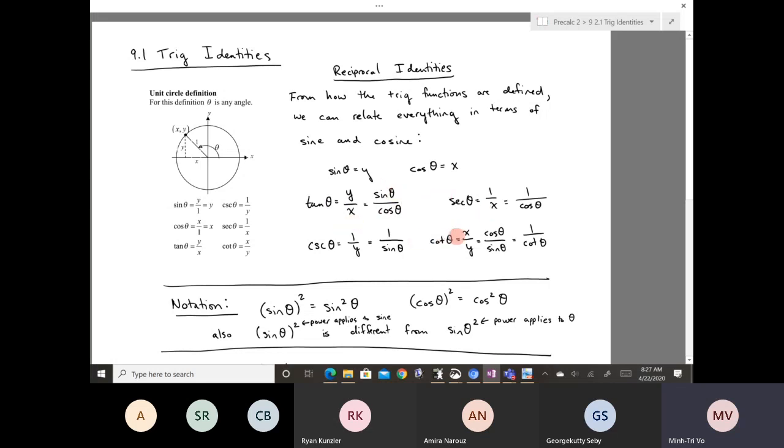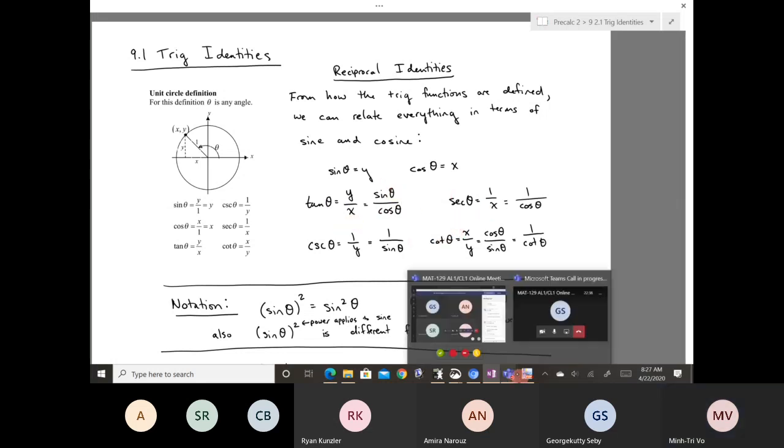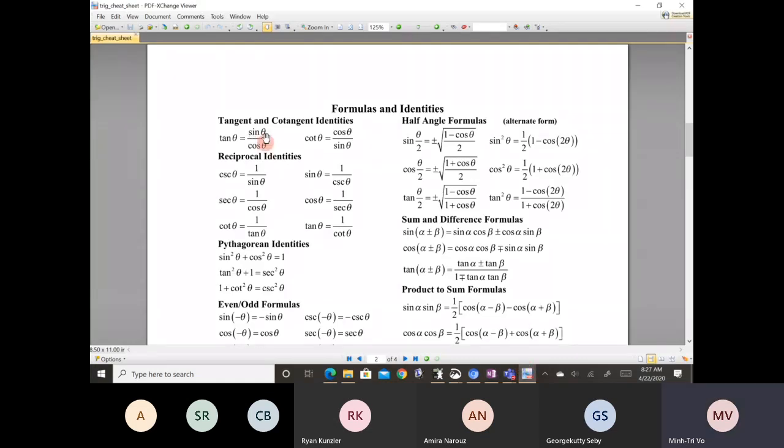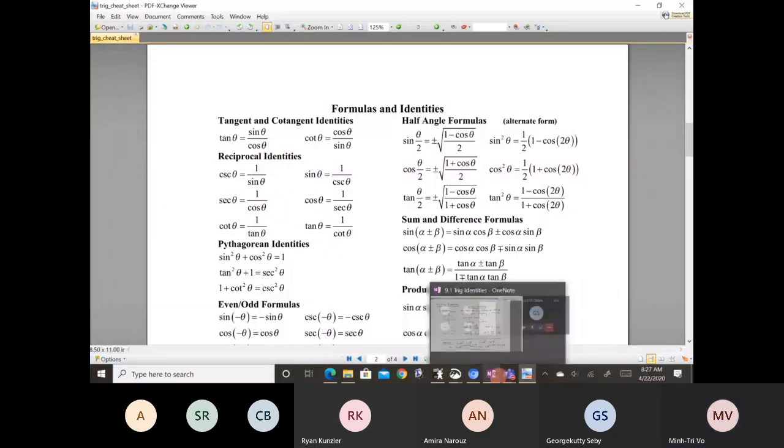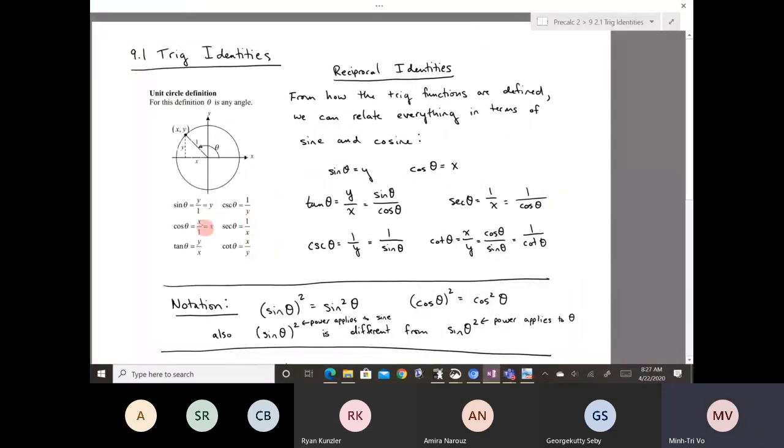So the tangent and cotangent identities and the reciprocal identities, the two sets here, are just coming from the unit circle definition of the trig functions.